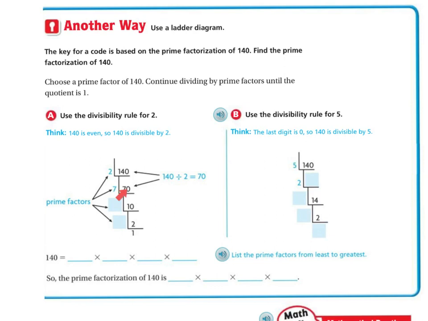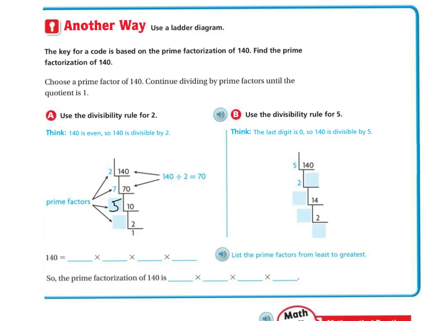So if I have 140 divided by 2, I get the 70. 70 divided by 7, I get the 10. 10 divided by, and since they already gave me a 2 here, I know it's going to be 5, so we're going to put 5.